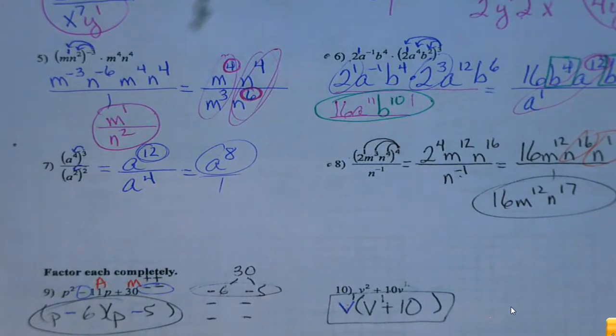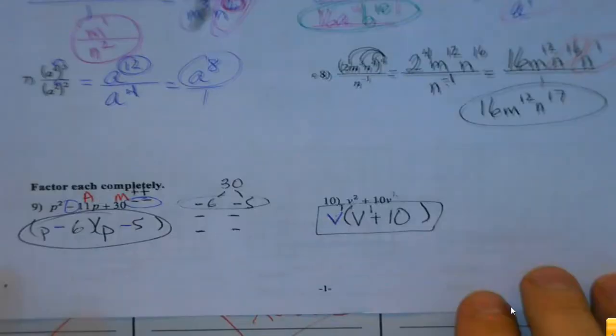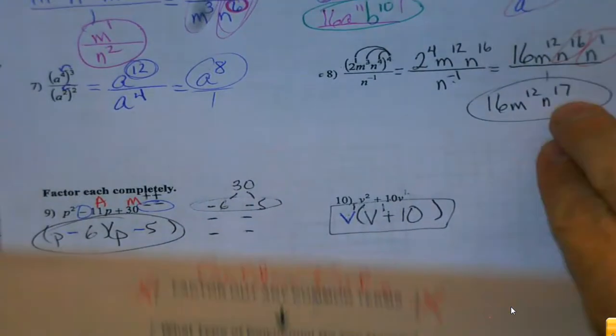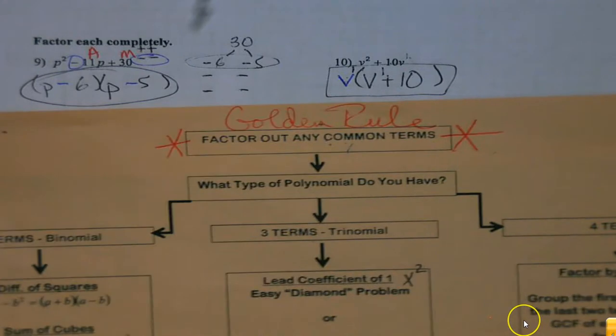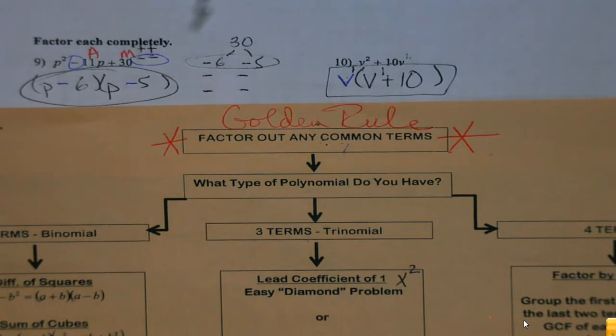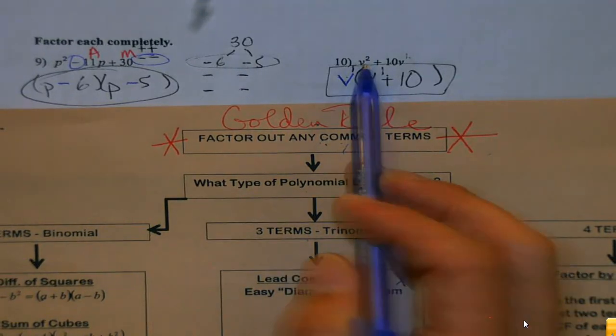So as we get ready to move to factoring, and we did these first two yesterday, I'm just going to pump this through with a reminder. Okay, the tan sheet, they still are tan at this point, I believe. We're always going to look first to see if there's anything in common that we can factor out. We saw that in number 10. They both had a v. I took it out.